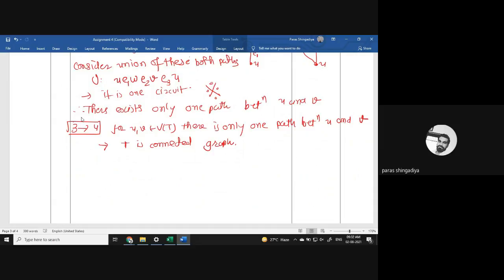And now let us prove it has n minus 1 edges. ठीक है, so let us consider one graph G. कोई भी arbitrary graph आप ले सकते हो, which is a tree here.